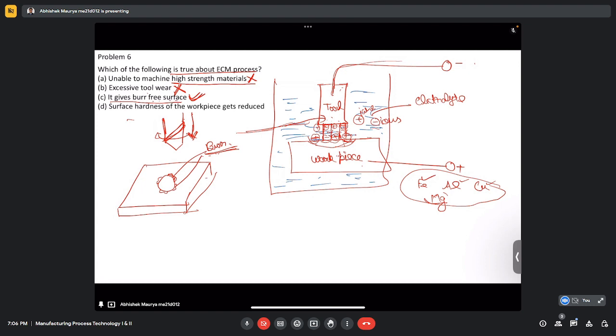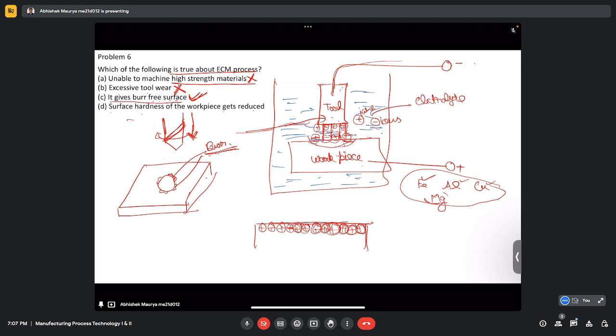And option D, surface hardness of workpiece gets reduced. No, this is wrong, because here the mechanism is: on the surface we have some atoms, and when we apply some voltage, the atoms acquire some charge.